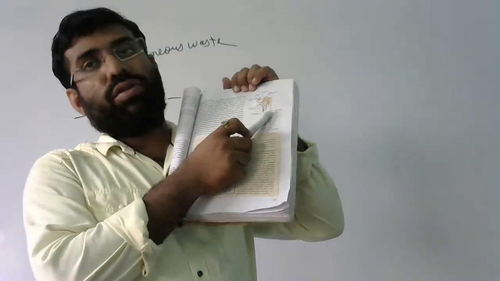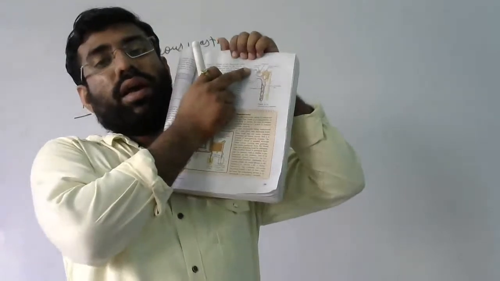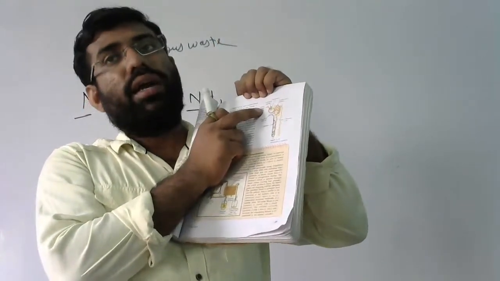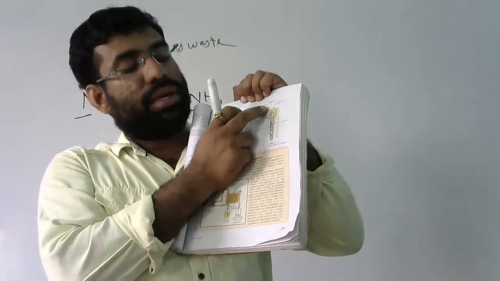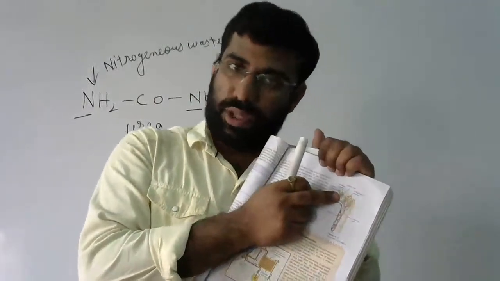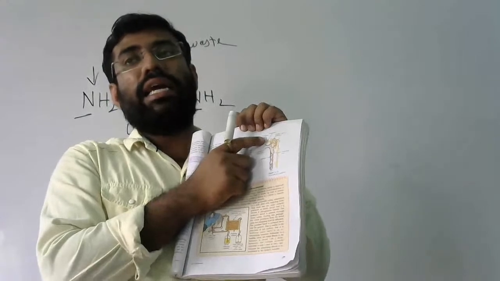This nephron consists of a coiled structure. Impure blood is coming from a branch of the renal artery, and this cup-shaped end is called Bowman's capsule. The impure blood will come and get filtered in Bowman's capsule.